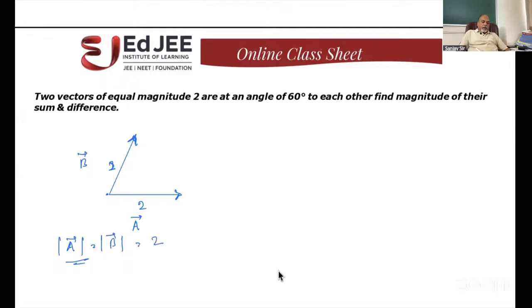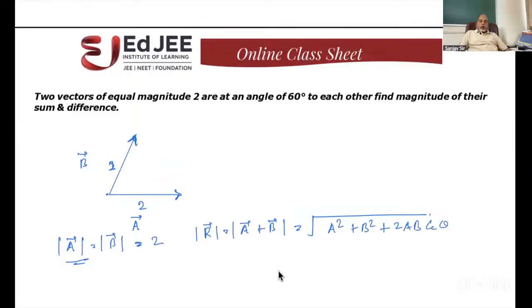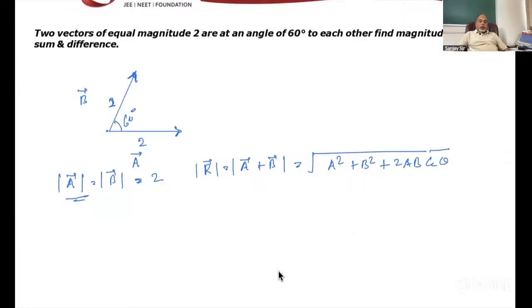It is given, and R is A plus B. So here actually the angle is 60 degrees.